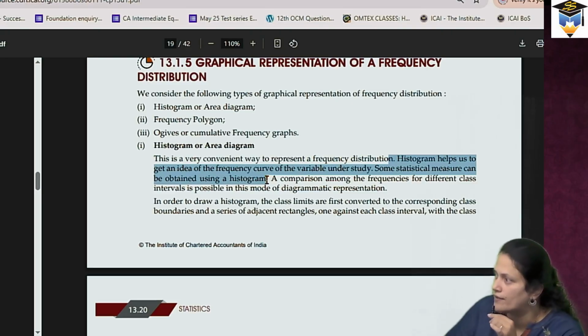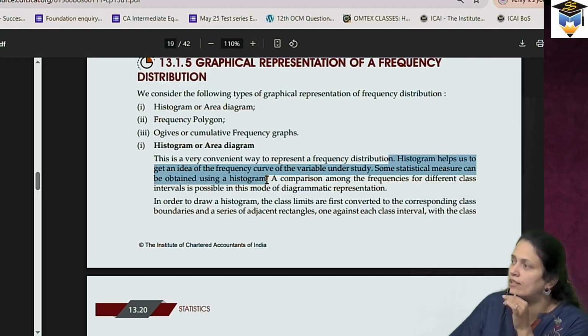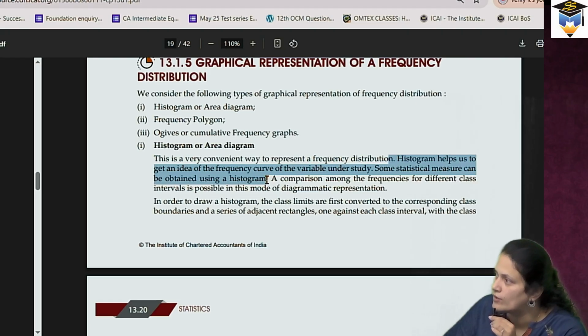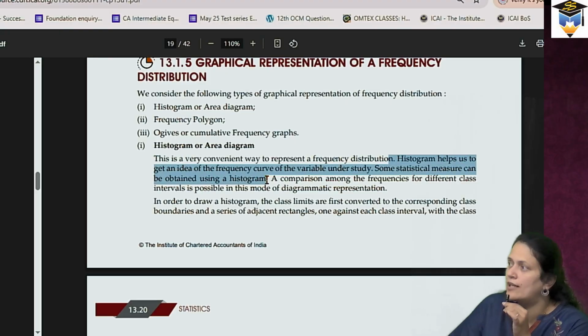Okay, wait. Now see whether the screen is visible. Please write in the chat box, is the screen visible now?